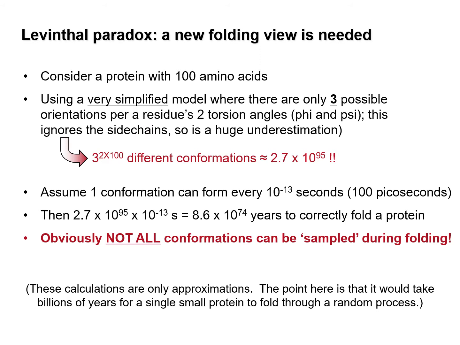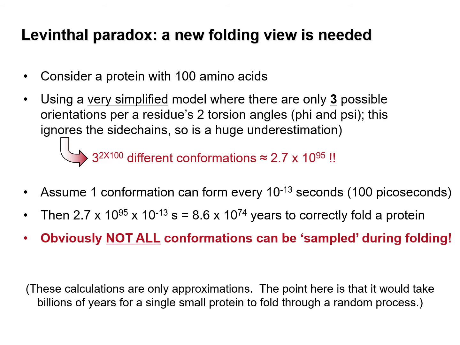So since we're ignoring that, it's going to be a huge underestimation. Anyway, that would be 3, the 3 possible orientations, to the power of 2 for the 2 torsion angles, to the power of 100 for the 100 amino acids. So it's going to be 2.7 times 10 to the 95th power of different conformations in total, which is a huge number.